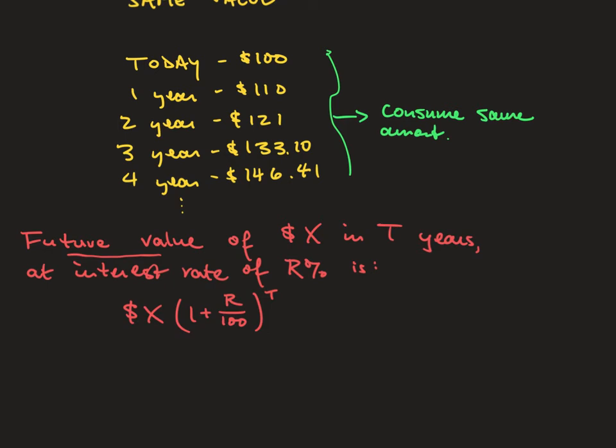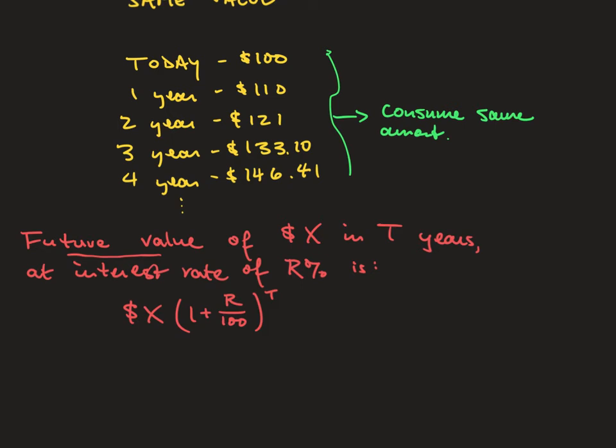In the third year, it grows by $12.10. In the fourth year, it grows by $13 and something. Every year, it grows more and more. Why is that? Why does it grow more each year?